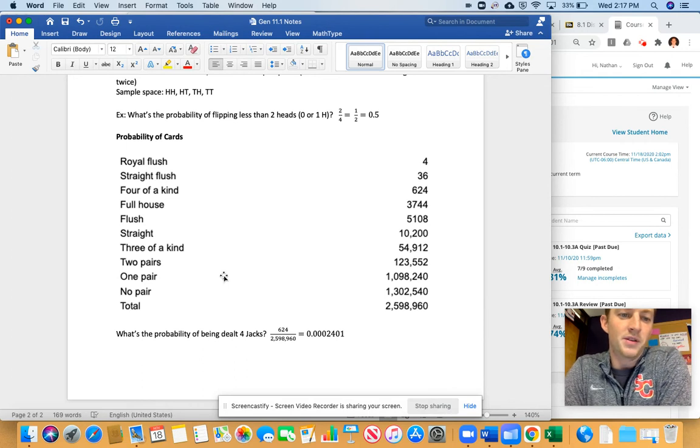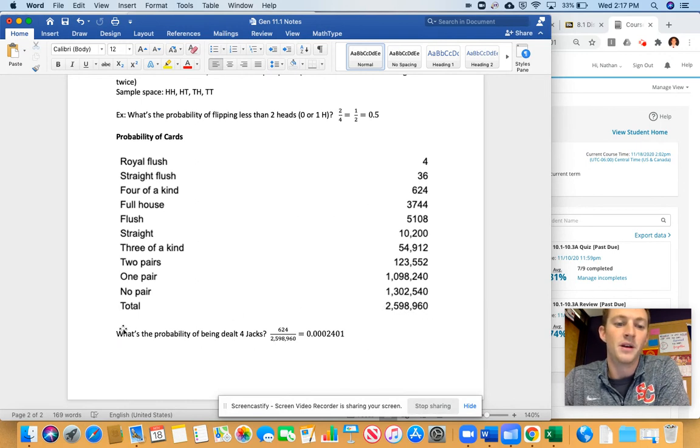We have royal flushes, straight flushes, 4 of a kind, full house, etc. For example, with 3 of a kind, it doesn't matter whether it's 3 aces or 3 tens or 3 jacks, but there are 54,912 different ways to have a 3 of a kind. And then the total number of hands would be over 2 million.